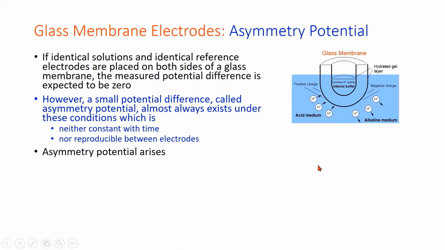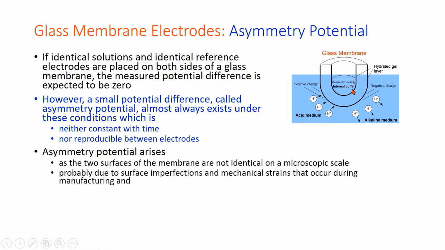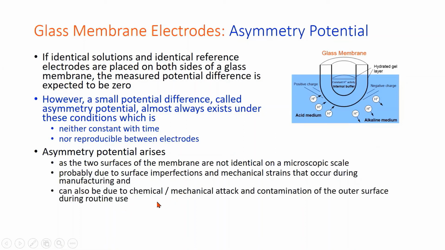Asymmetry potential arises as the two surfaces of the membrane are not identical on the microscopic scale, probably due to surface imperfections and mechanical strains that occur during manufacturing, and can also be due to chemical, mechanical attack and contamination of the outer surface during routine use.